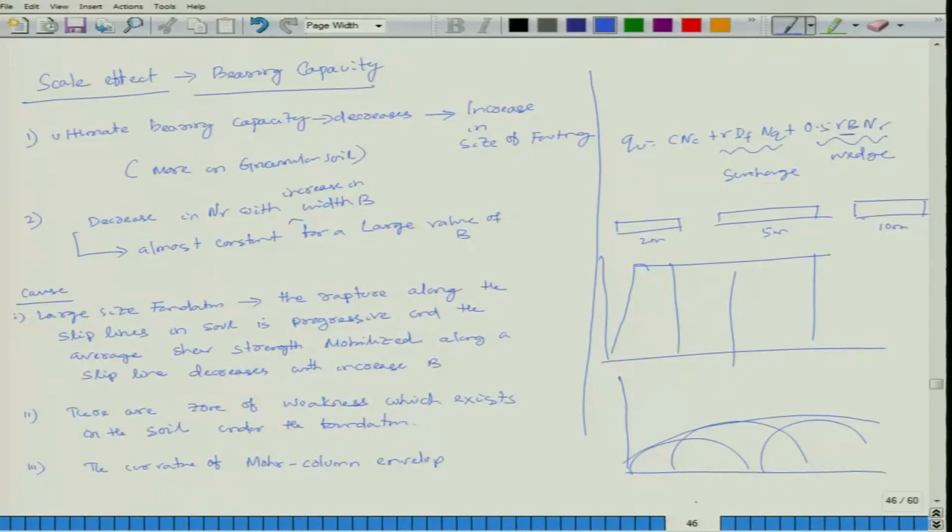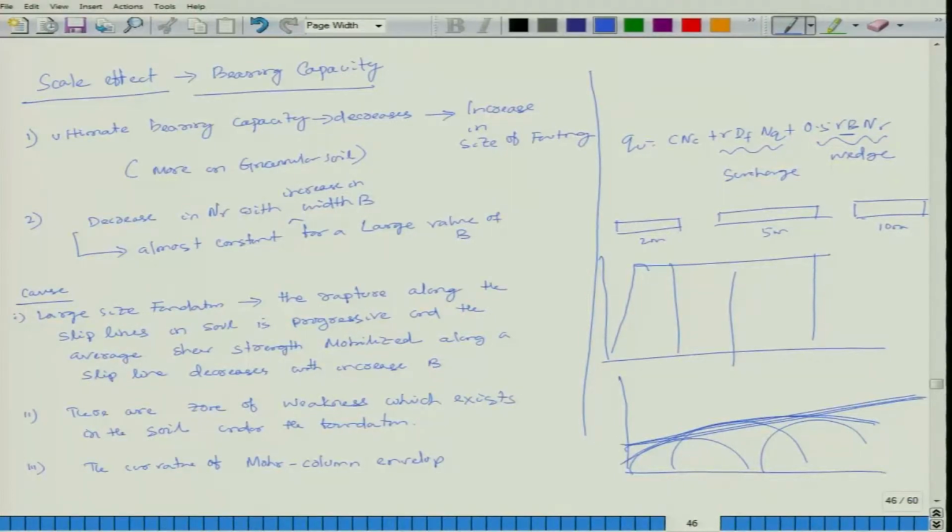But in shear strength what happened? It has been assumed and approximately put as a straight line. So, because of this curvature of your Mohr-Coulomb failure envelope, that may be one of the reasons.